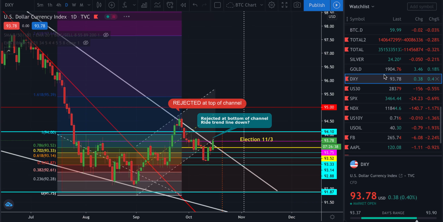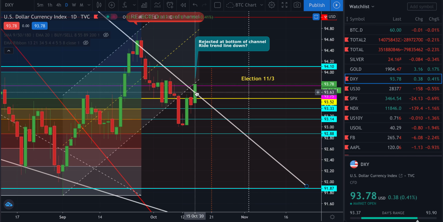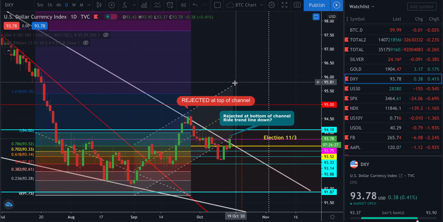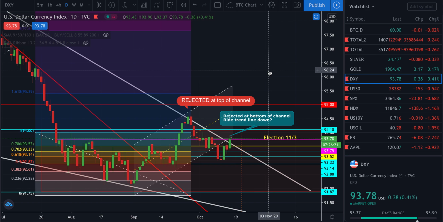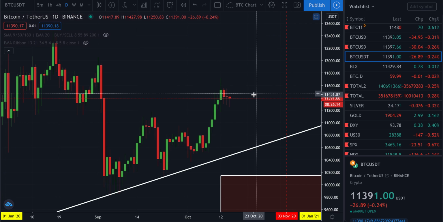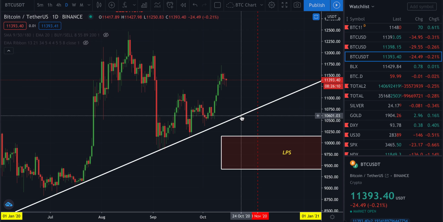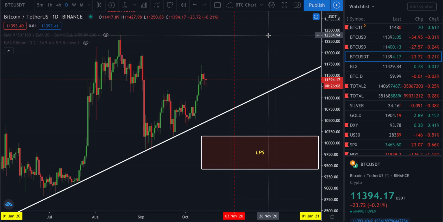What will happen with the dollar is the dollar will get back towards that 94.50 level, meaning it will break through and re-enter this channel, and then it will probably get rejected around the top of this channel leading into the elections, which is possible. I mean, we have enough time to make this all happen. And what that will cause in the Bitcoin price, in my opinion, is it will just come down to this white line and we will keep going onwards.